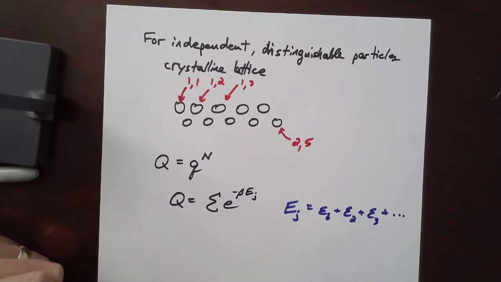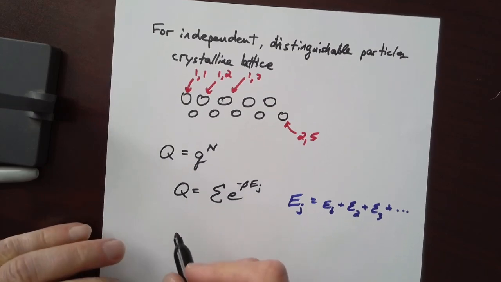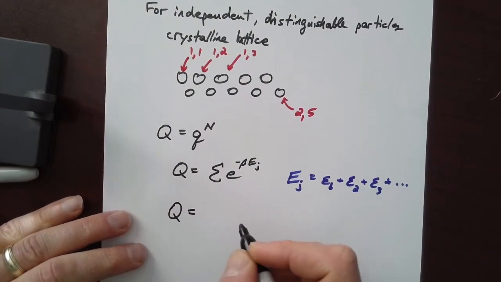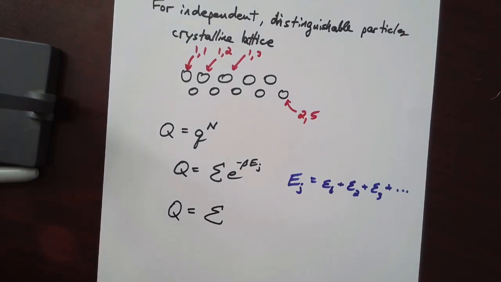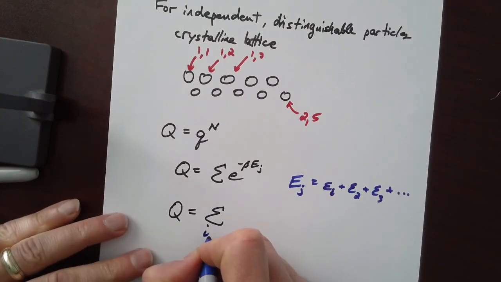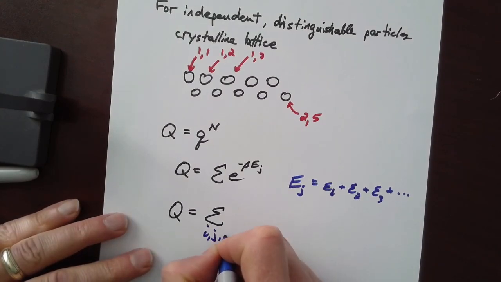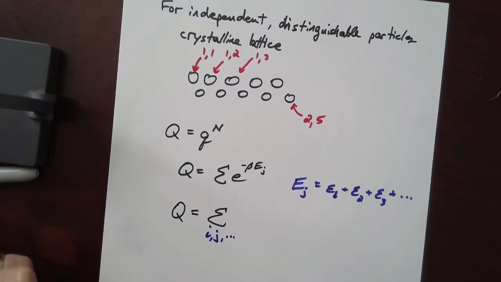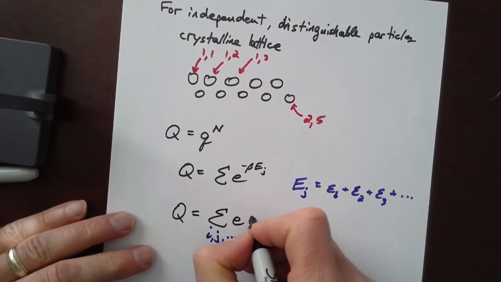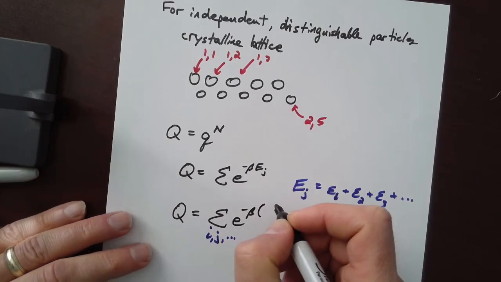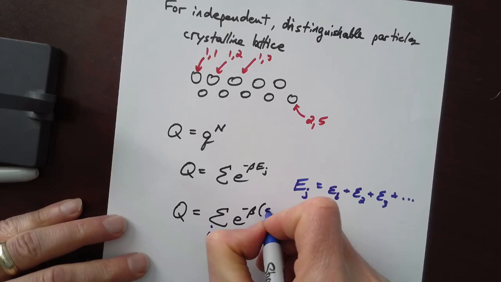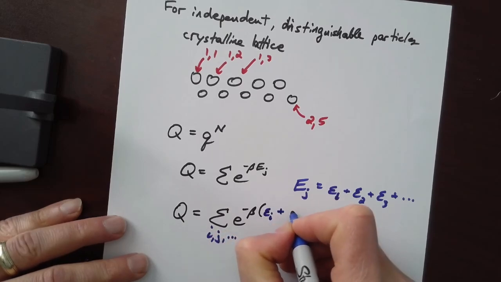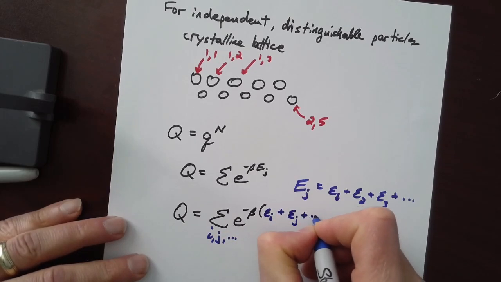And I get that Q is equal to the summation, and here we're going to look at summing over these different indices, i, j, and so on, of e to the minus beta, and then here I'm going to have E_i plus E_j plus, and so on.